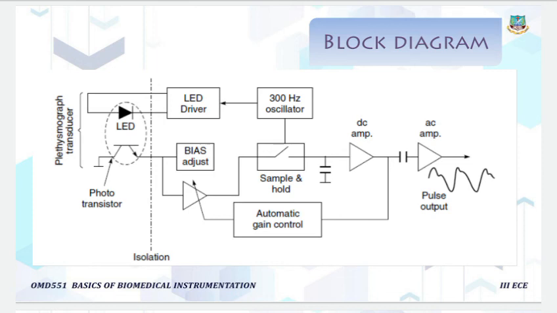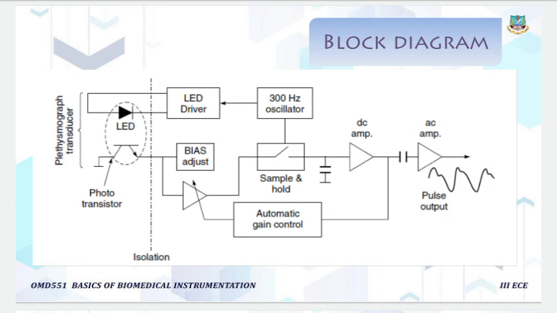Normally, for the pulse rate measurement, a photoelectric transducer suitable for use on the finger or ear lobe is used. We can use this transducer on the finger or on the ear lobes.